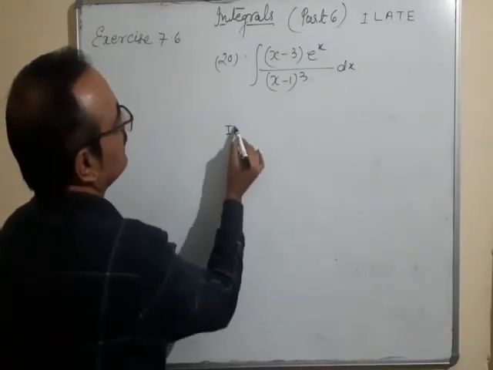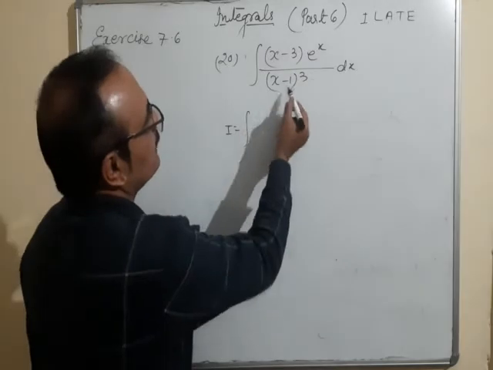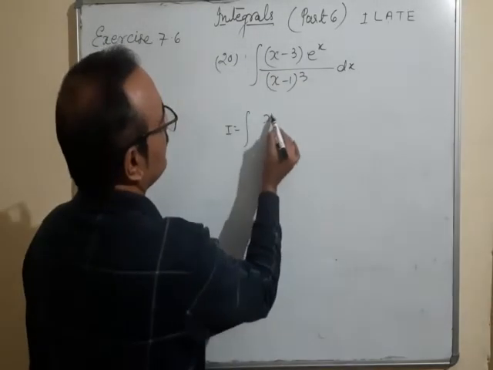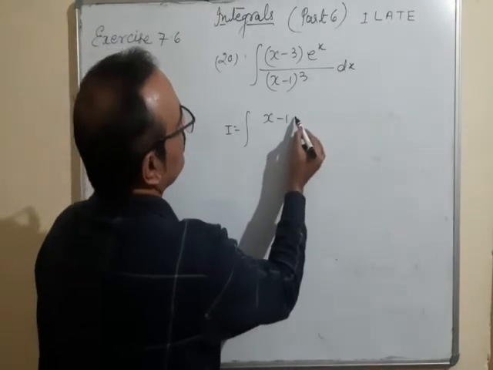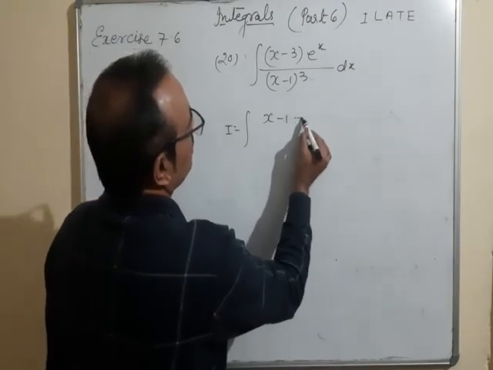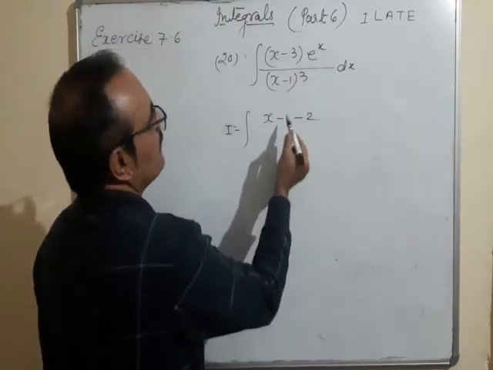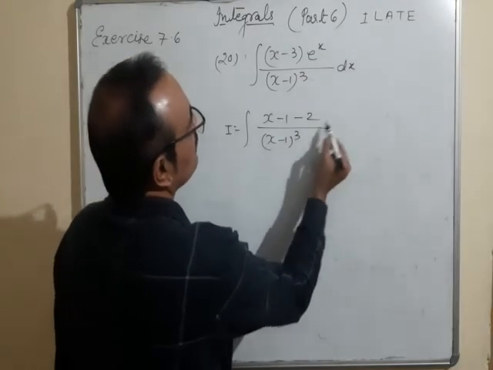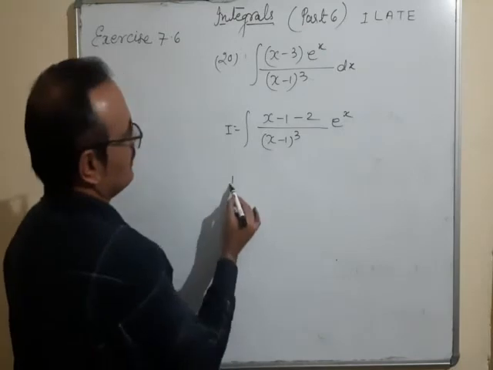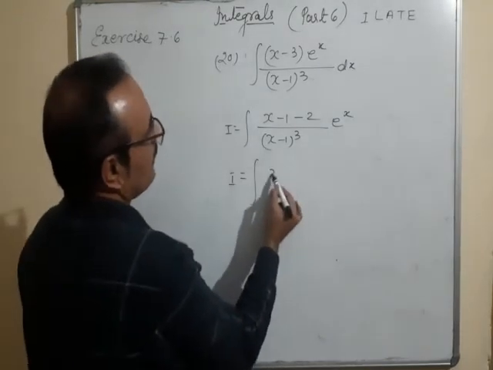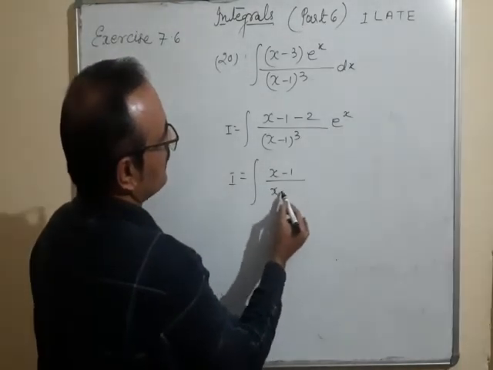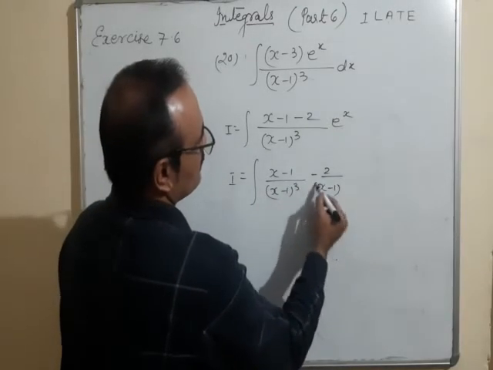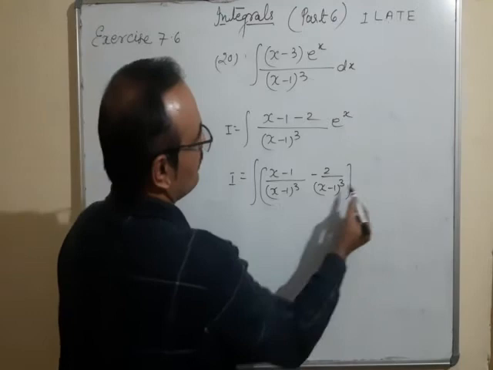So I can write I is equal to, x minus 3, how should I write it? I can write x minus 1 and minus 2. Minus 3, I have written as minus 1 minus 2, upon x minus 1 whole cube, e to the power x. I is equal to x minus 1 upon x minus 1 whole cube minus 2 upon x minus 1 whole cube, e to the power x.